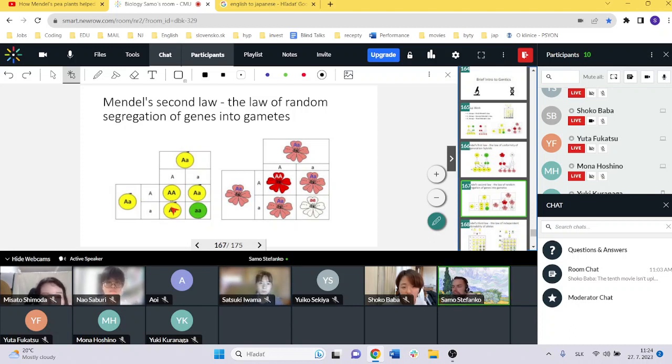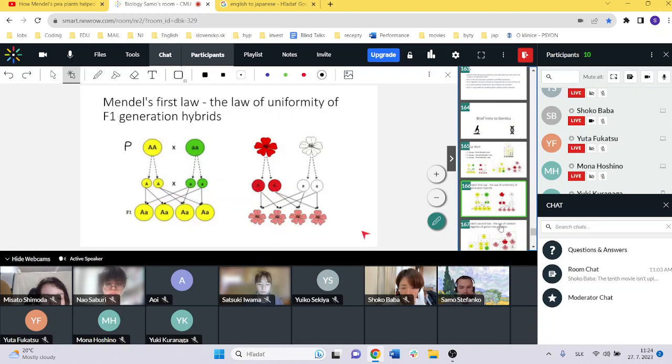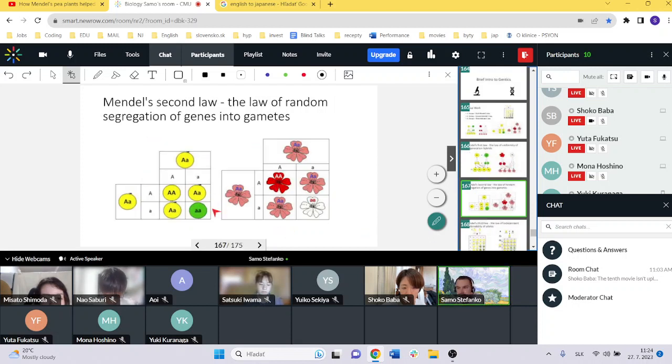Additionally, he observed that some traits were either fully expressed, we will get there now, or not expressed at all, while others showed an intermediate blending, in this case, incomplete dominance.